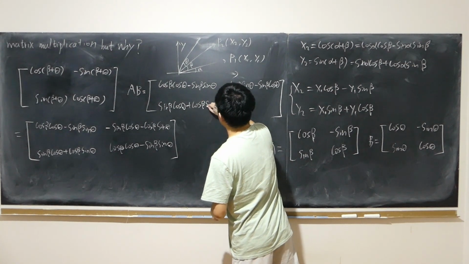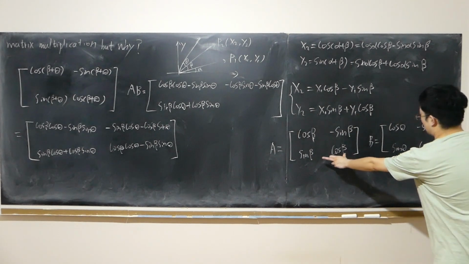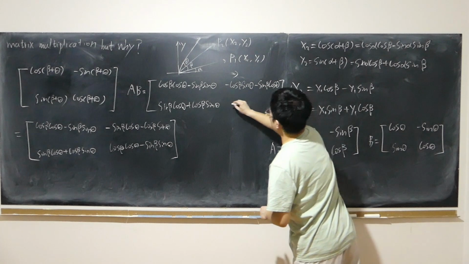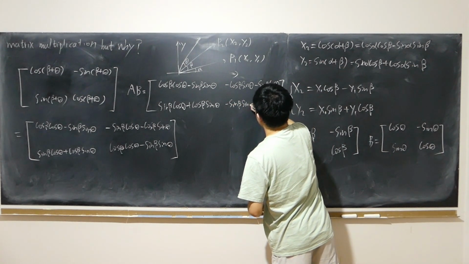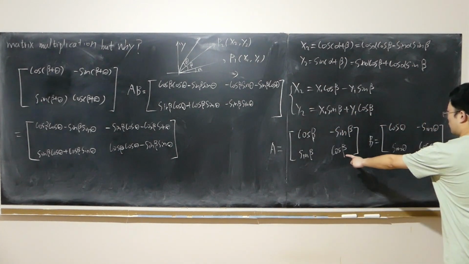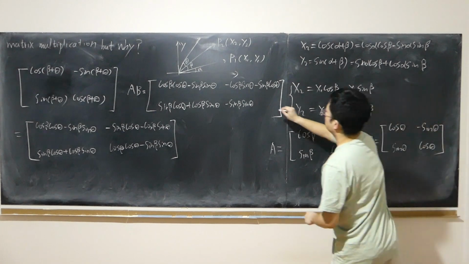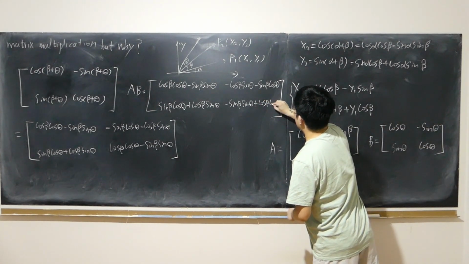Second row, second column: negative sine beta sine theta plus cosine beta cosine theta.